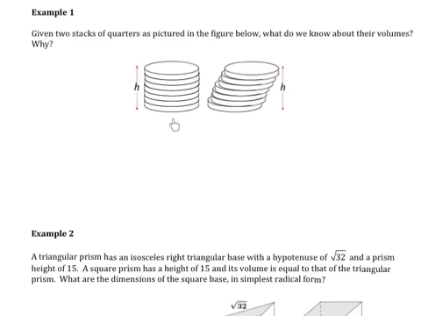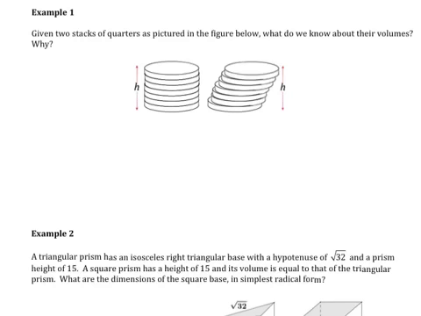I've got a stack of quarters, and we're going to assume every quarter is identical. So we have parallel bases, and here's the height of this guy. If I just scoot the quarters, the height doesn't change, and we haven't lost any quarters, so they have to have the same volume.